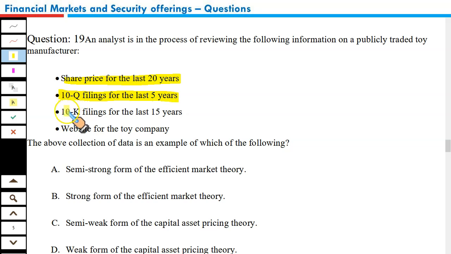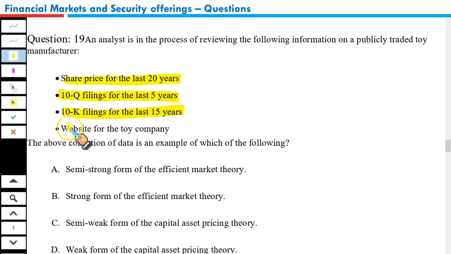They are studied in detail in CFA Level 1. Just remember, this is information related to the company's financials. The difference is that 10Q is submitted quarterly, and 10K is submitted annually, but the information contained in them is the same: the financial statements. In other words, these are the information filed with the SEC.